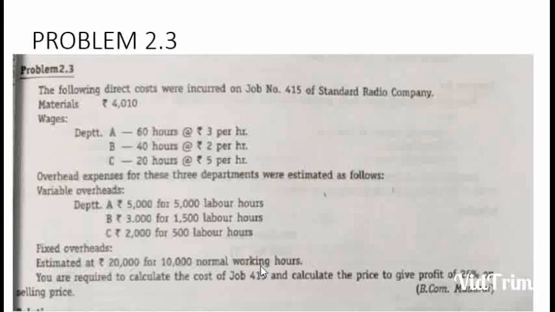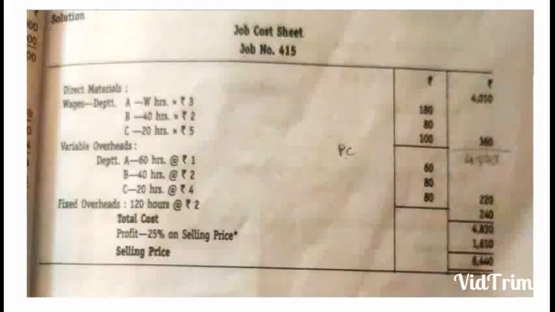We will have working notes for all the other points, so let us first finish our working note. Here are materials and wages. We'll start with the job cost sheet. This is your cost sheet, and it looks like this, where direct materials and wages are considered as given in the problem.